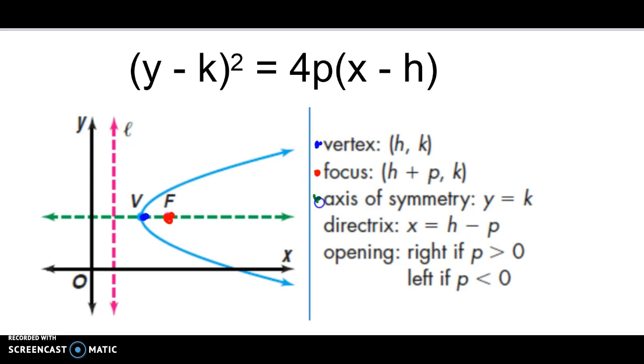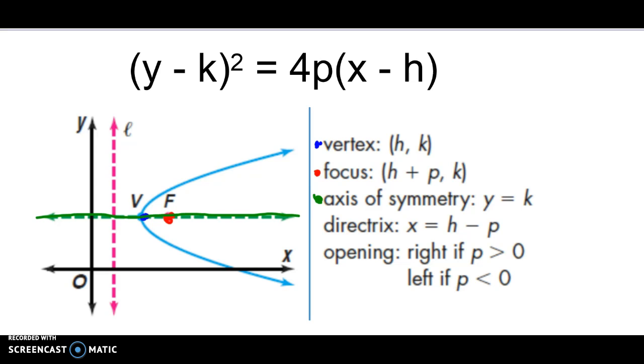And your axis of symmetry now. Notice it's going the same direction as the way that it's opening up. So it's going to be going along the x-axis. It's parallel to the x-axis, but you're using the equation y equals because it's a horizontal line.